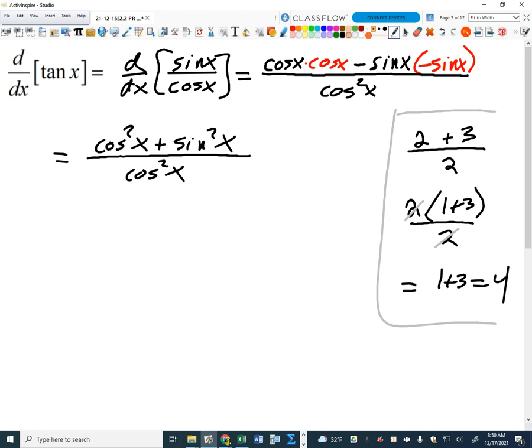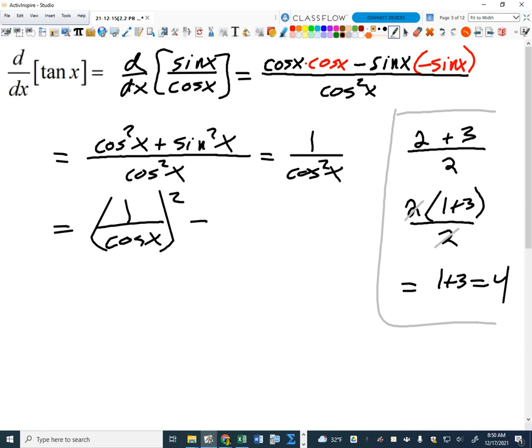So we end up with 1 over cosine squared x, which is the same thing as 1 over cosine x quantity squared. Well, what's 1 over cosine x?